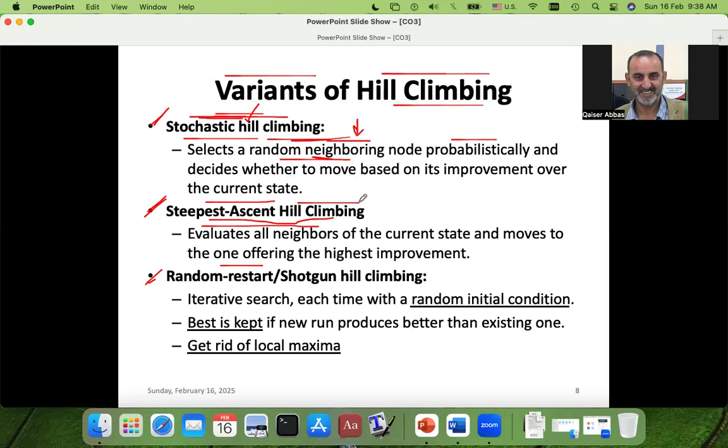But here ascent doesn't mean always moving up. We were discussing that hill climbing always goes in the upward direction; here ascent means moving in the forward direction. Steepest here means the most possible forward way.